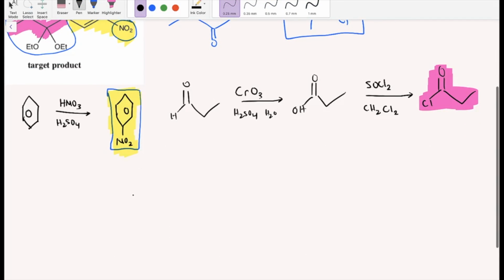If I want to do a Friedel-Crafts acylation, I'm going to start off with the thing that I already made previously, so it's ready to go, NO2. I'm going to react it with the molecule of choice that I want to add. It's going to be this, Cl. And then I have to use the reagent that's actually going to pull this Cl off of this, right?